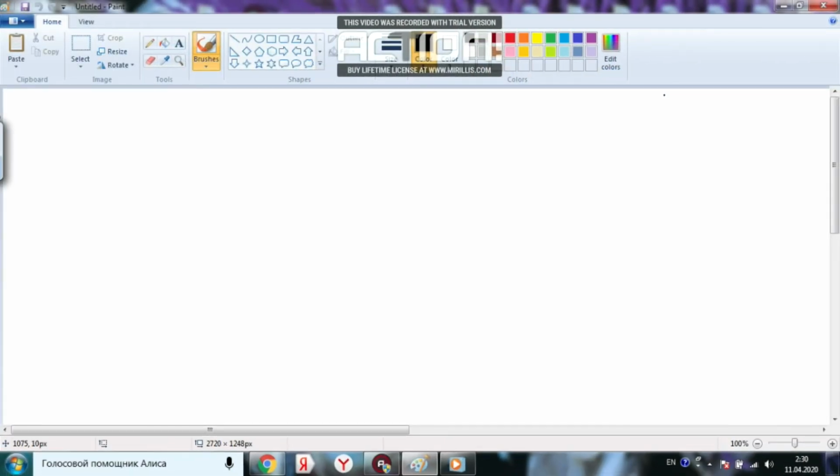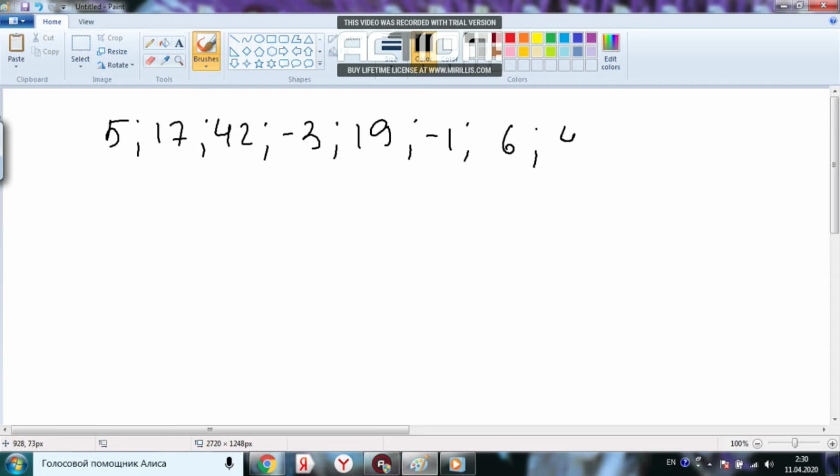So now let's solve one problem based on median. We have a set of numbers: 5, 17, 42, -3, 19, -1, 6, 41, 39, 50, and 6.